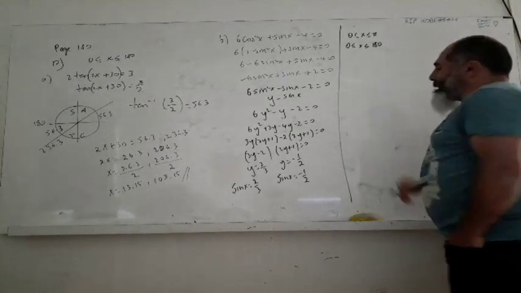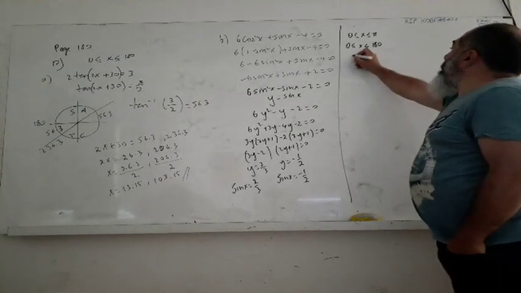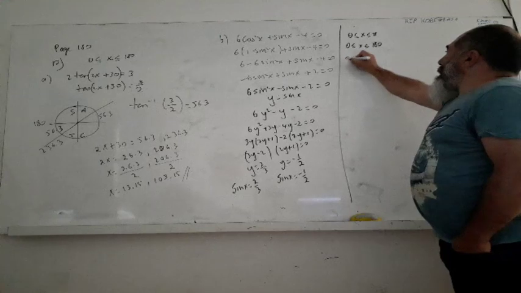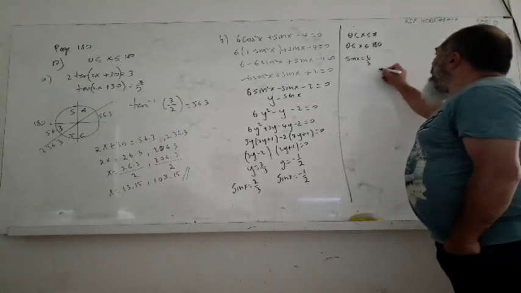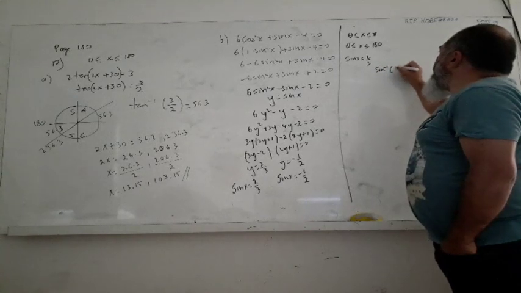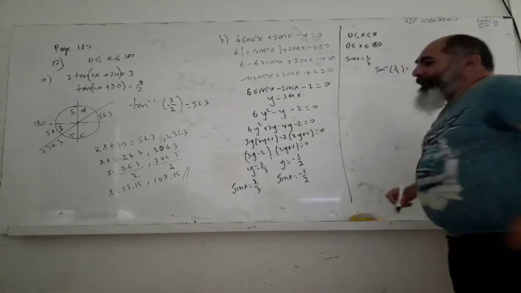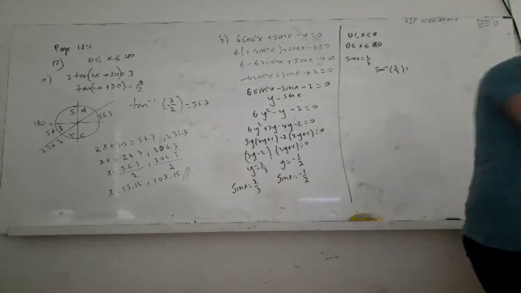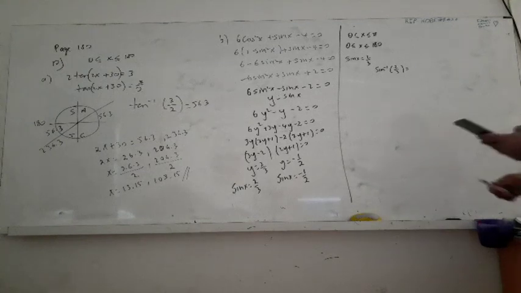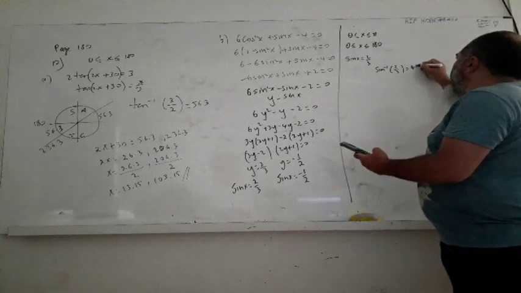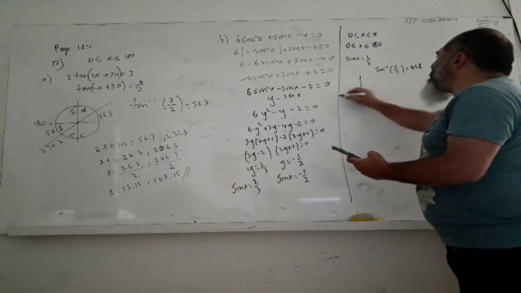So sine x is equal to 2 over 3. Basic angle is sine inverse of 2 over 3, which is, shift sine 2 over 3, 41.8, and sine is positive in the first and in the second quadrants.